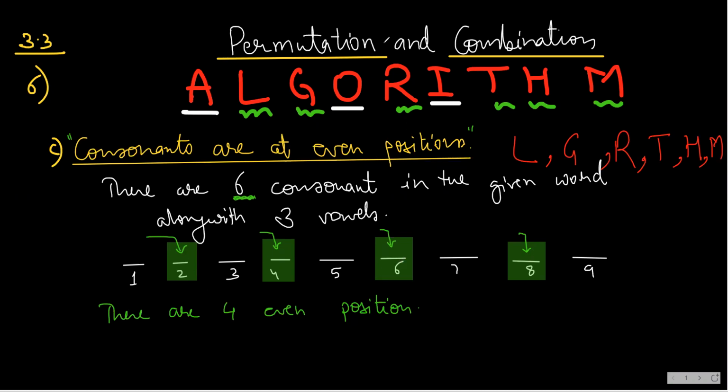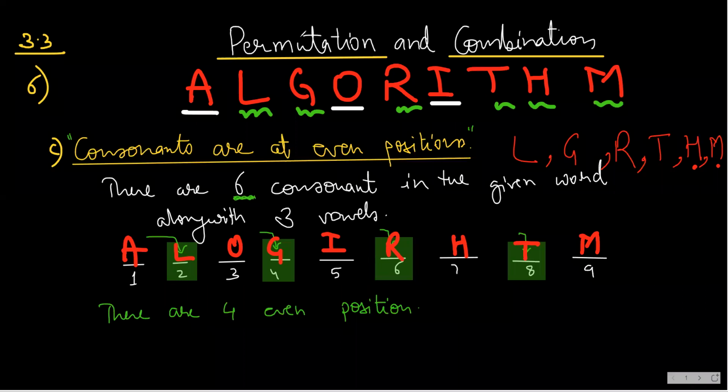Any 4 of these will be arranged, like say L, G, R, T. In a particular arrangement, from 6, you can have any 4. The remaining 2 will definitely go to odd places. So the remaining 2, H and M. H can come here, M can come here, and these places will be A, O, I. You understand?